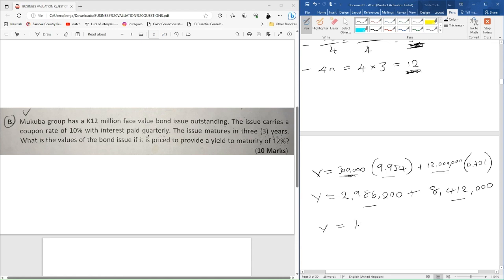We're going to get a valuation of our bond worth 11,398,200 kwacha. So the value of our bond is 11,398,200 kwacha. And just like that, we have answered the question, and you would have gotten your marks for answering this particular question.